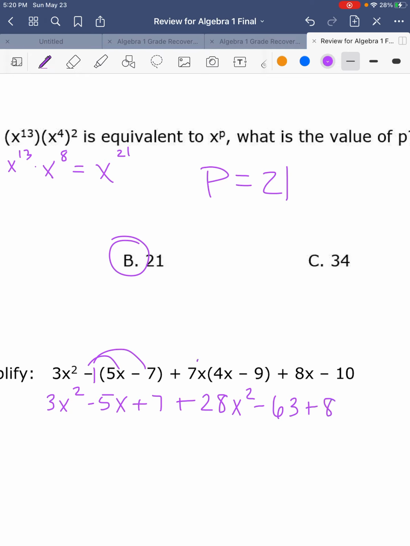Then we have plus, forgot to distribute lines, plus 8x minus 10. And I forgot the x here.